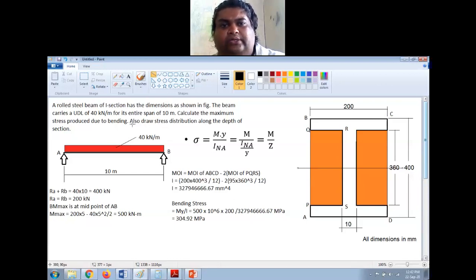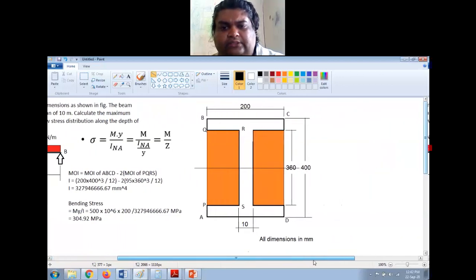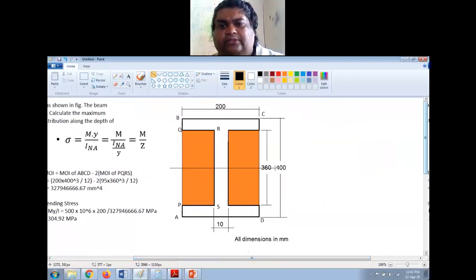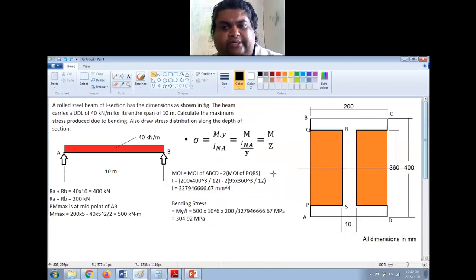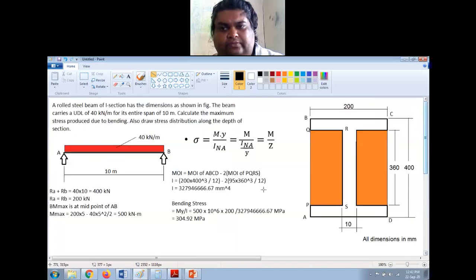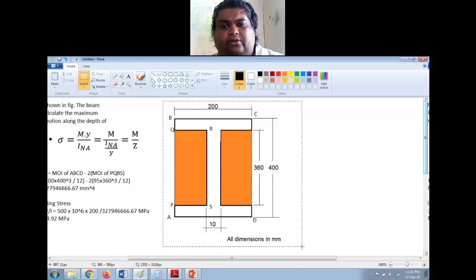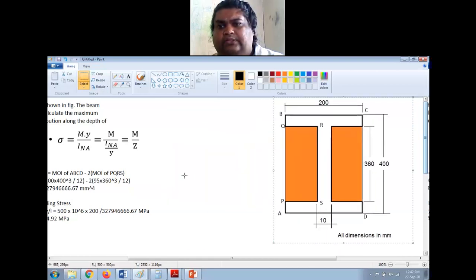Now he has asked one more thing, also draw stress distribution along the depth of the section. I'll quickly try to show this, what you have to do for this, right? So for this particular numerical, it is very simple because it is a symmetric cross section. So you have to just copy the same cross section diagram whatever is given. Now on this you mark the neutral axis like this.